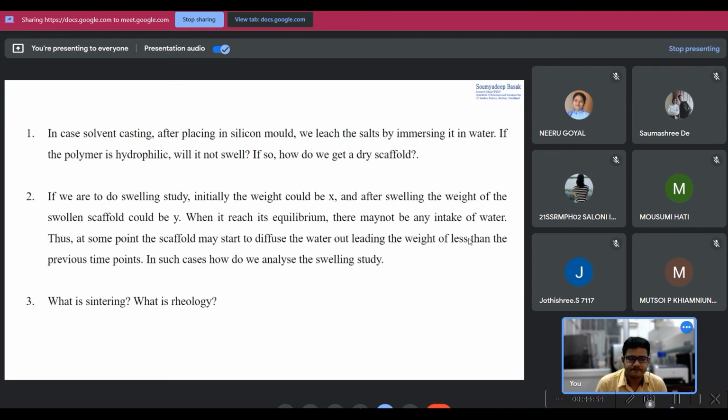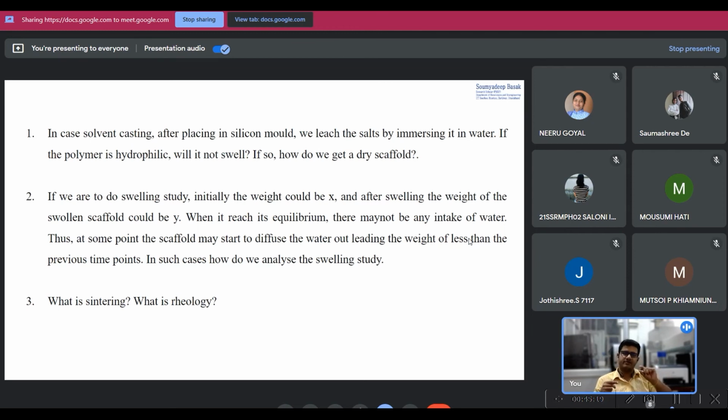Right, that is for the solvent casting technique. But even if it is a hydrophilic polymer, there is no issue because we are cross-linking it, either physically or chemically. There are various cross-linking techniques. So when we are placing the hydrophilic polymer with the cross-linker and salt solution along with it, the cross-linker will do its job and cross-link the polymer.